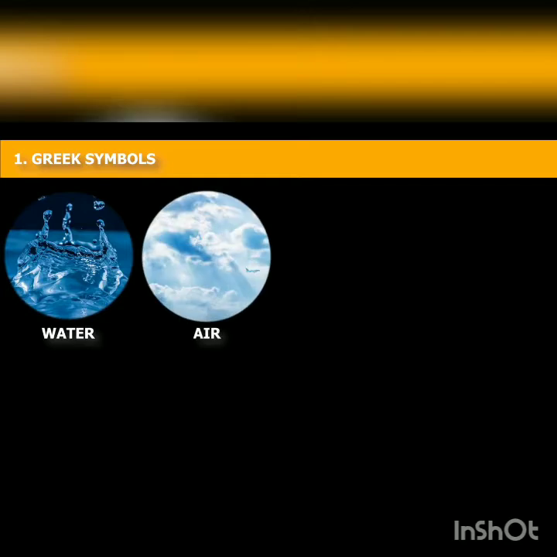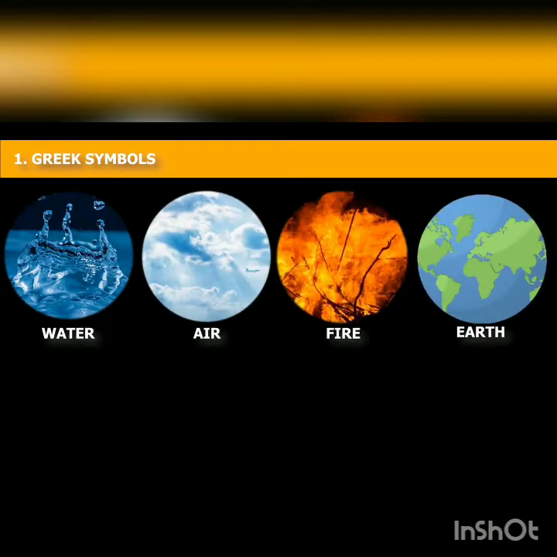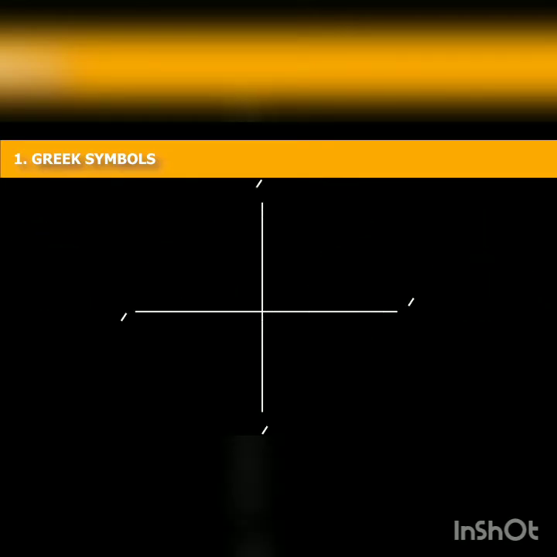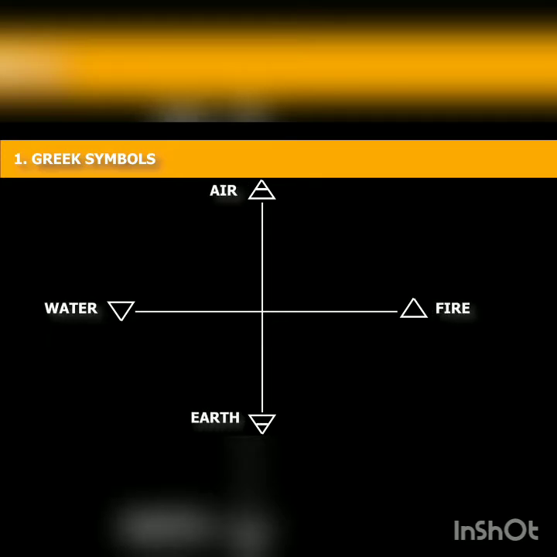1. Greek symbols. In the very old time, Greeks were aware of only 4 elements: water, air, fire, and earth. They used geometrical symbols to represent them and combinations of these symbols to represent intermediary matter.